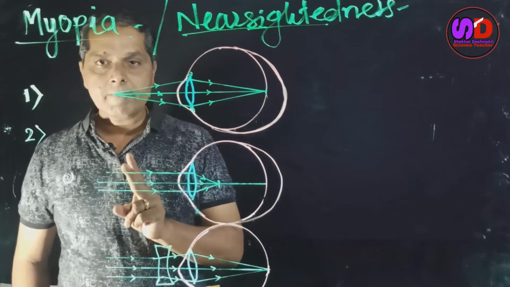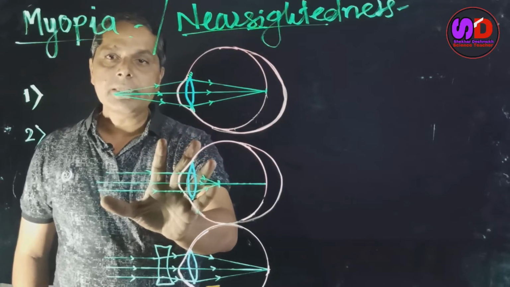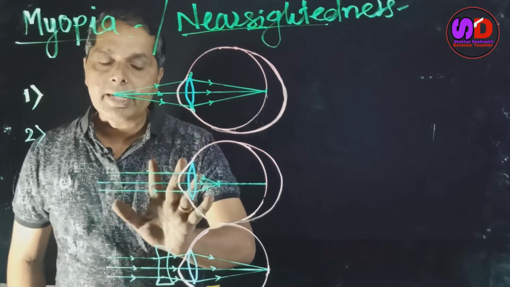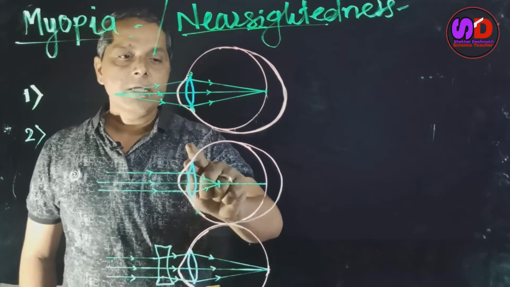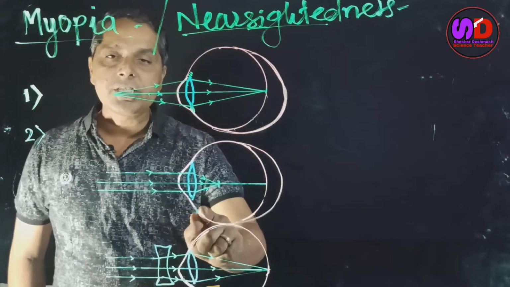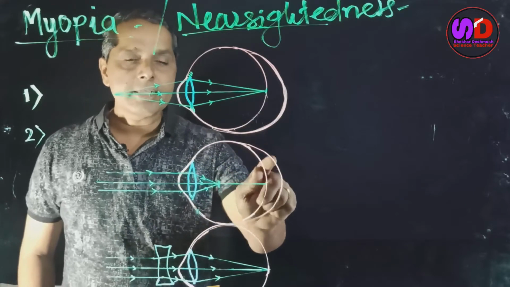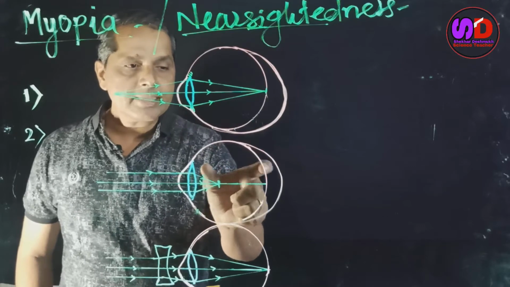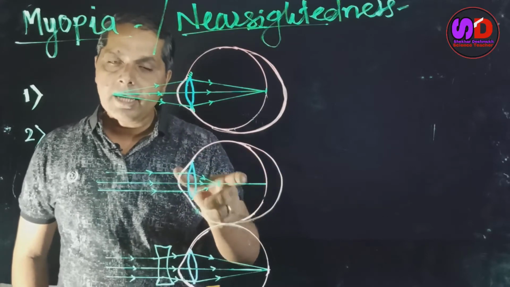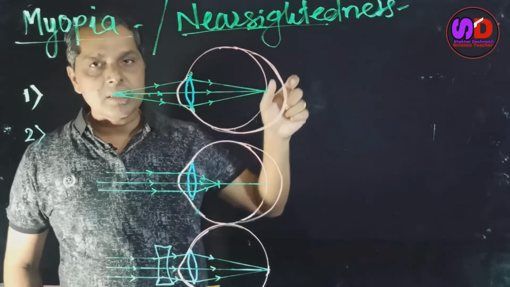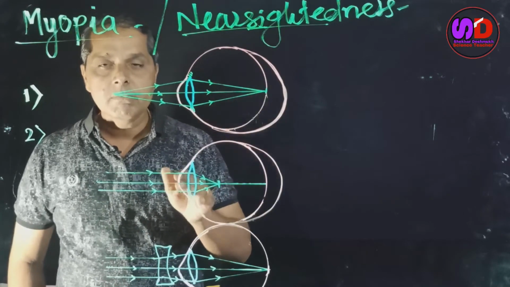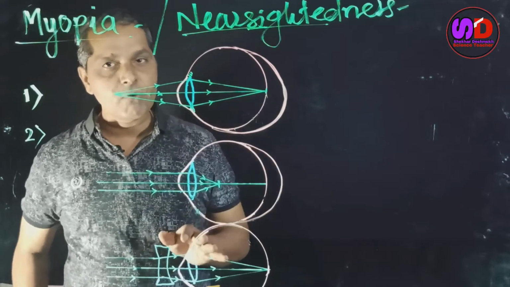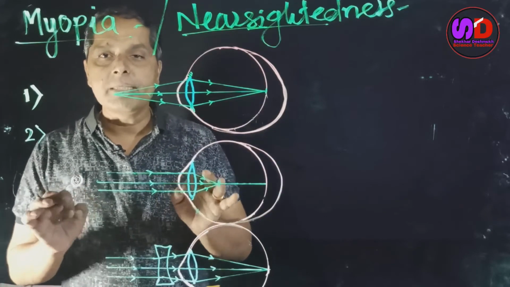Second possible reason: everything else is clear and perfect, but if due to some reason there is a change in the shape of the eyeball, if the eyeball is slightly elongated, in that case the distance between the lens and the retina increases, and therefore the image of the distant object is formed in front of the retina instead of on the retina, and therefore the object cannot be seen clearly.